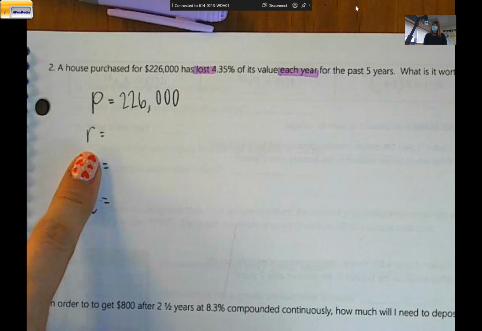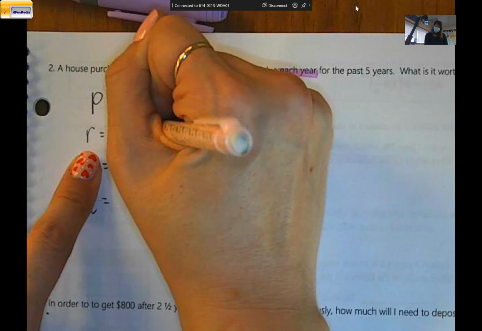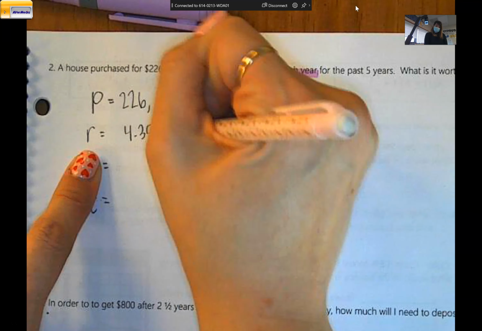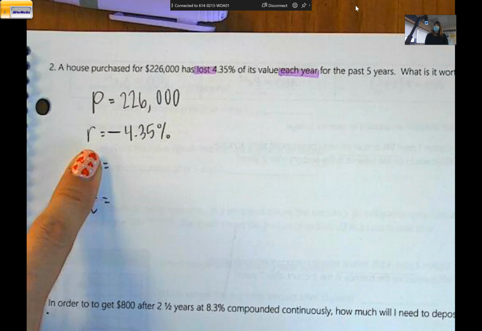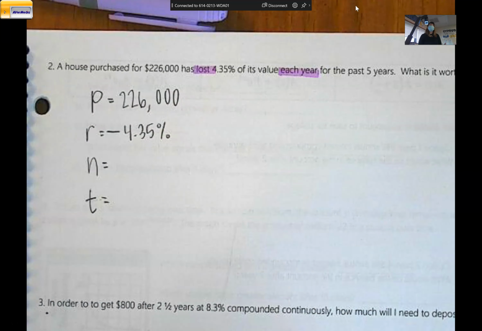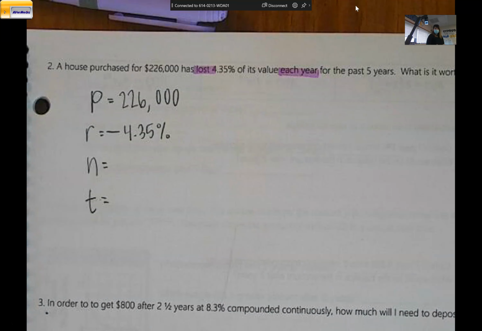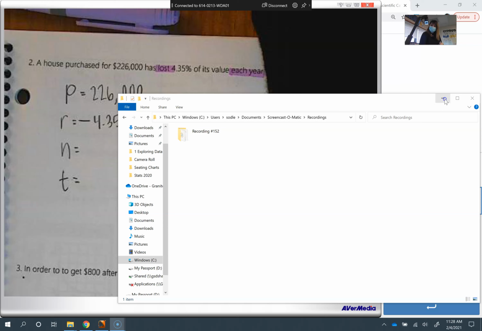Your rate is 4.35%, but it is negative because you have lost this money. So we divide, so this should have given you negative 0.0435. That one's a long one.